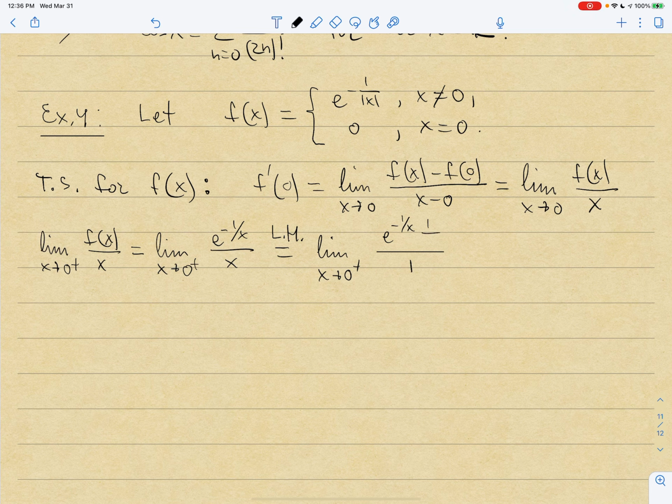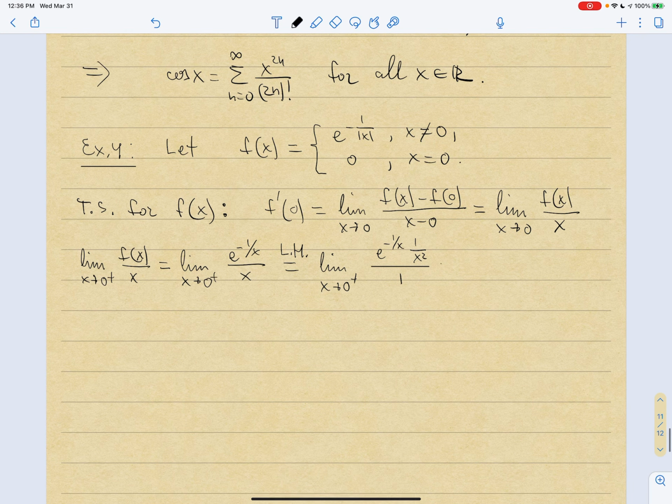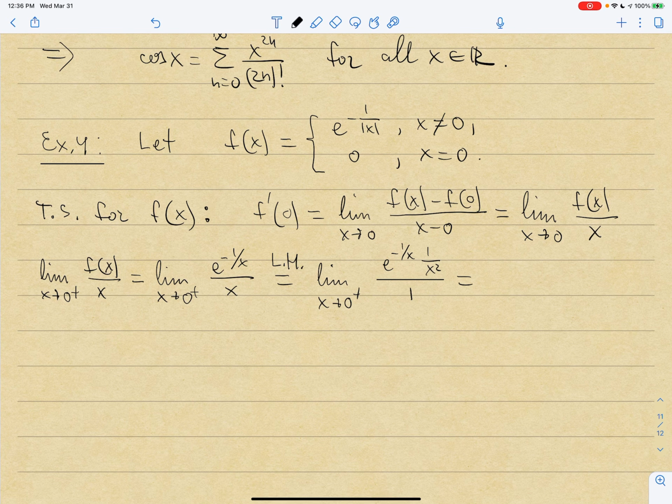That's minus x to the minus 1; take a derivative, minus 1 comes down, becomes 1, and then you decrease the power of x by 1, so you get x to the minus 2. That is the same thing as the limit as x goes to 0 plus of e to the minus 1 over x, divided by x squared.